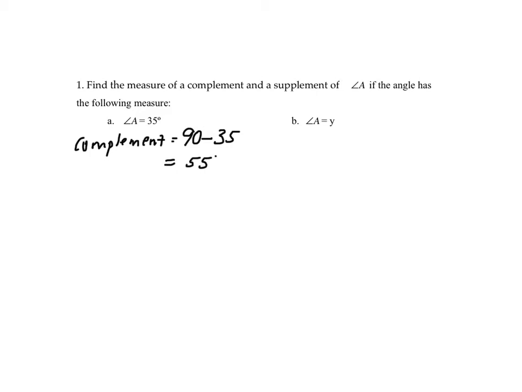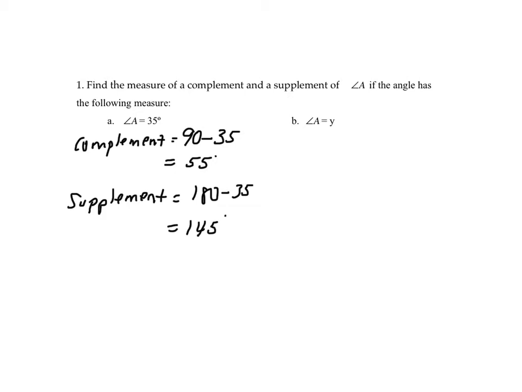And make sure you label it as the complement. To find the supplement, we just simply take 180 degrees, because if they're supplementary, they add to 180, and subtract 35 degrees from that. And so that's going to give us 145 degrees. And just make sure you take your time and check your math.